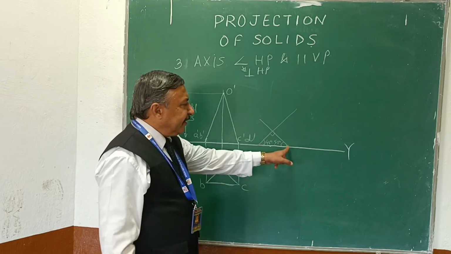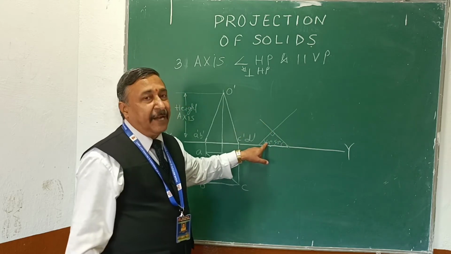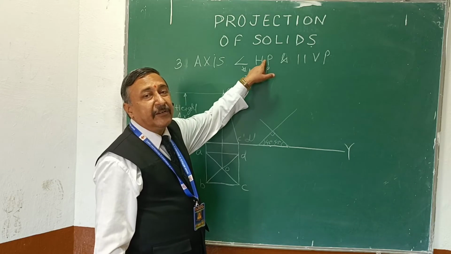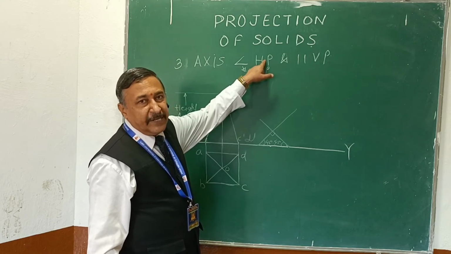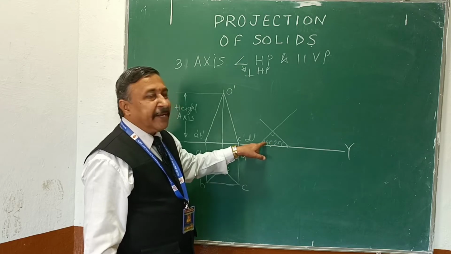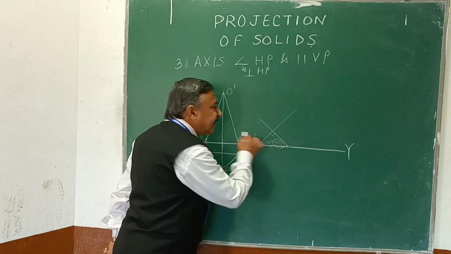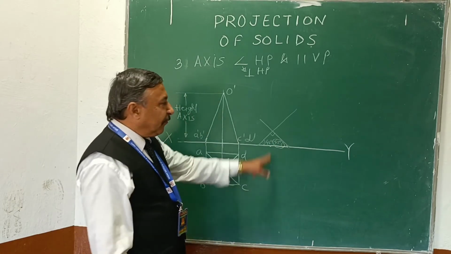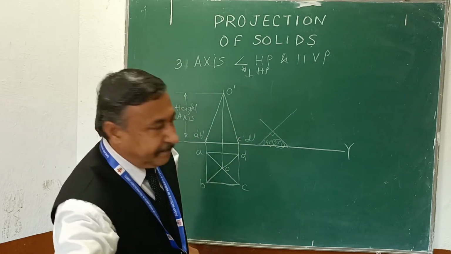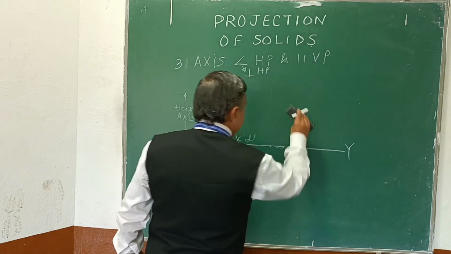The inclination of the base is 90 minus theta, whatever is given in the question as the inclination to HP.